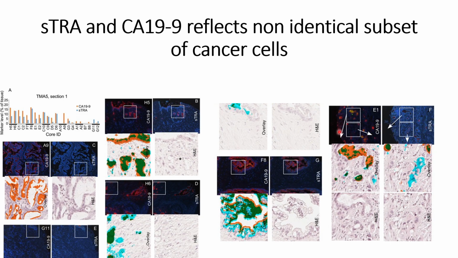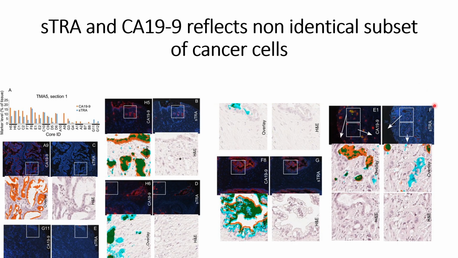Thereafter they checked different cores and found that the dual expression is high in the case of panel E, where the orange expression is high compared to the cyan or green expression, indicating that CA19-9 is expressed in this E1 core.